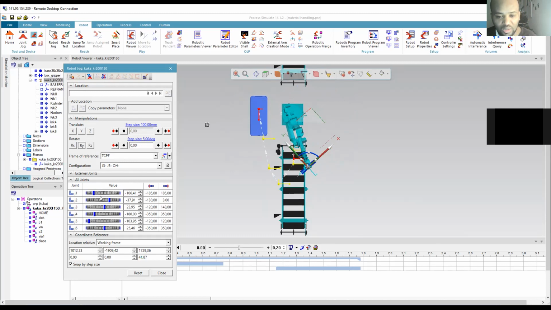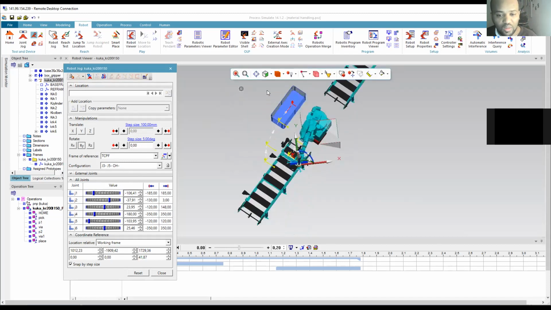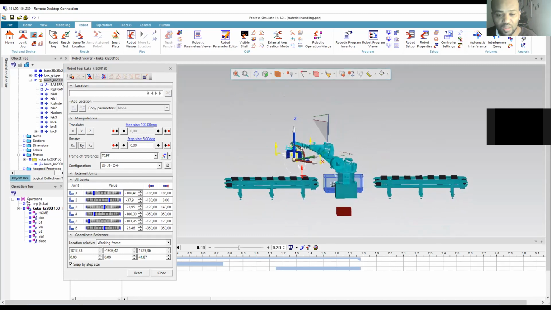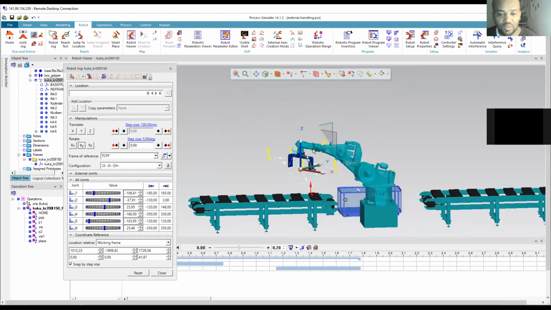Joint along y does rotate, so we have to rotate it up. We cannot rotate this joint. Maybe now I could rotate this one. This is still rotation about z.